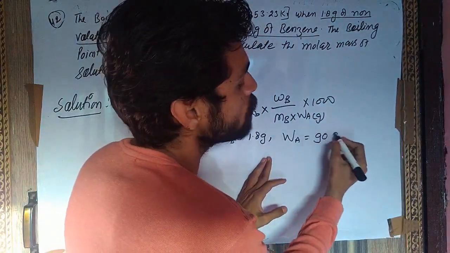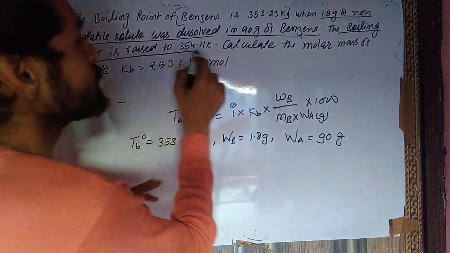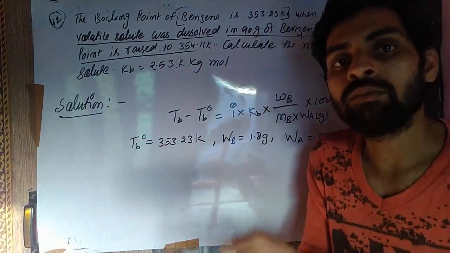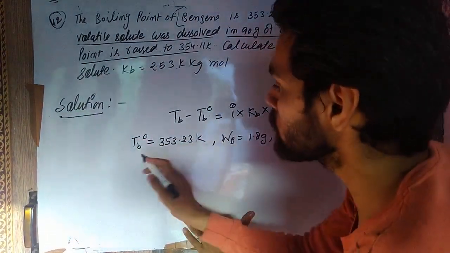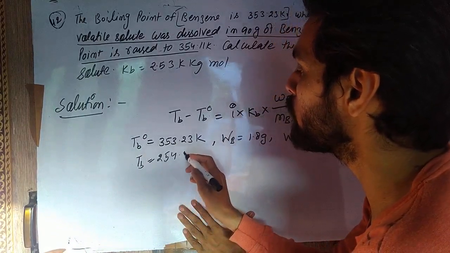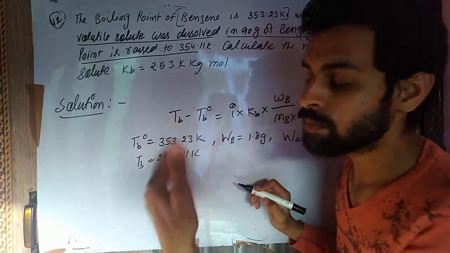The boiling point of benzene is raised to 354.11 Kelvin. The boiling point has been raised, meaning this is the boiling point of the solution, 354.11 Kelvin. The boiling point of a solution is always higher than that of the pure solvent.